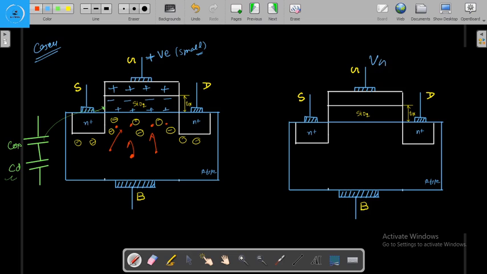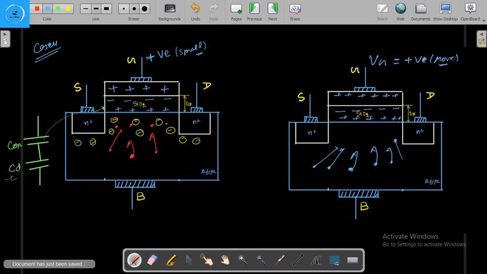Now when we apply more and more positive voltage at the gate terminal, now when we have made this VG more positive, more and more positive charge is present here because of the charge polarization, and due to this more electrons are attracted near the source and the drain, or between the source and the drain, more electrons are attracted, or accumulated, between the source and drain.